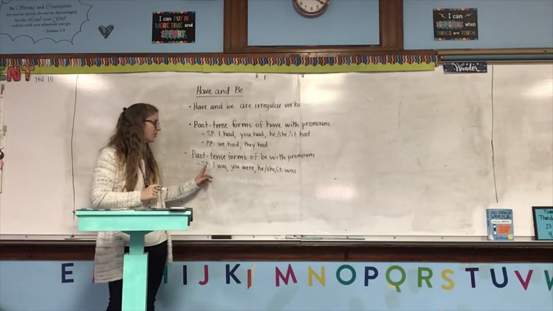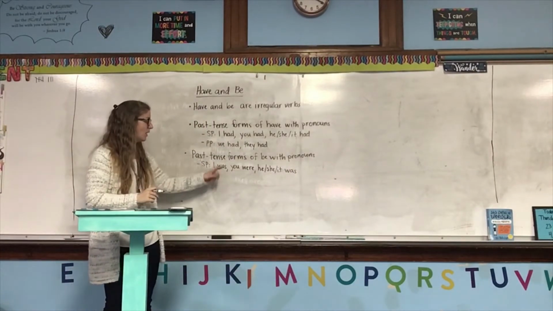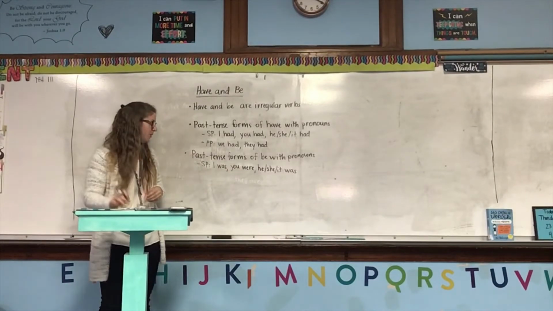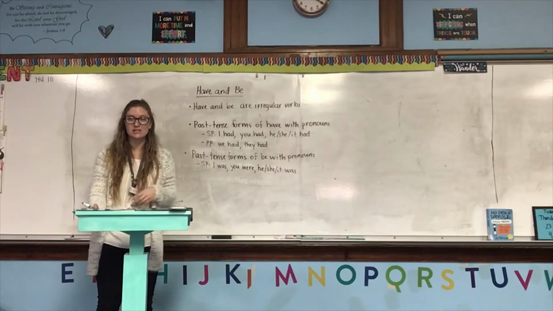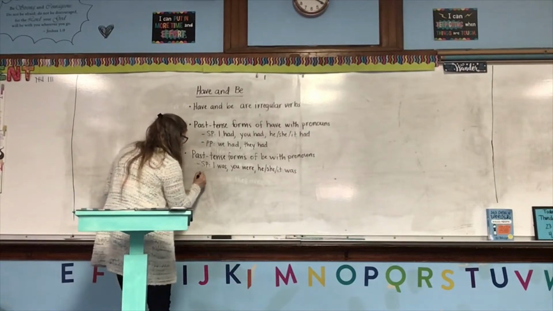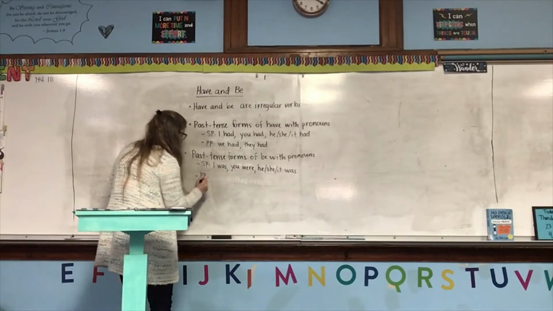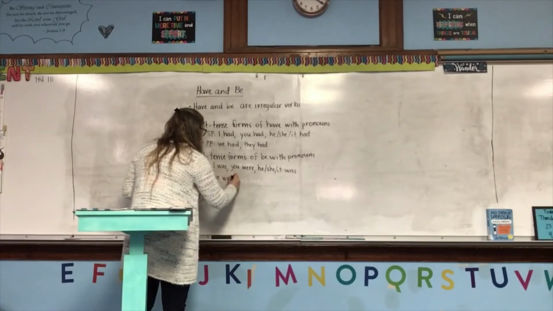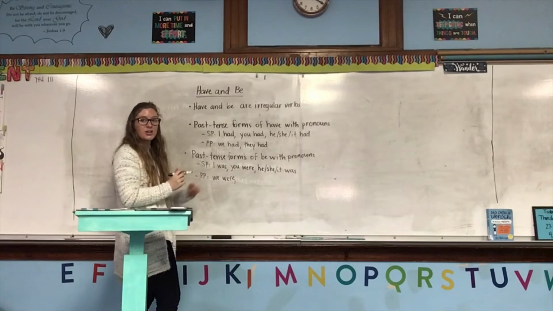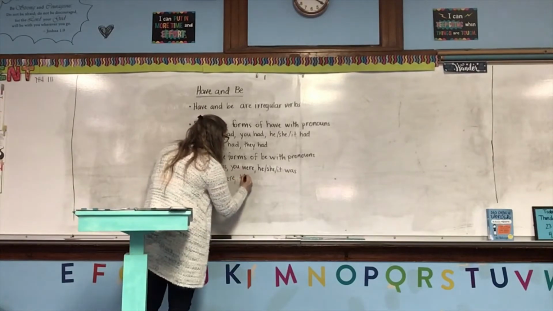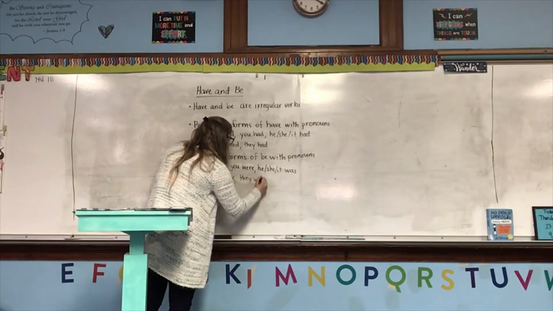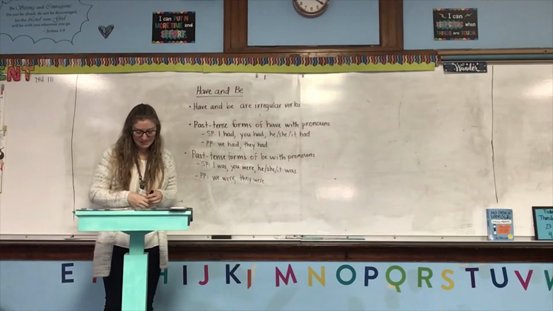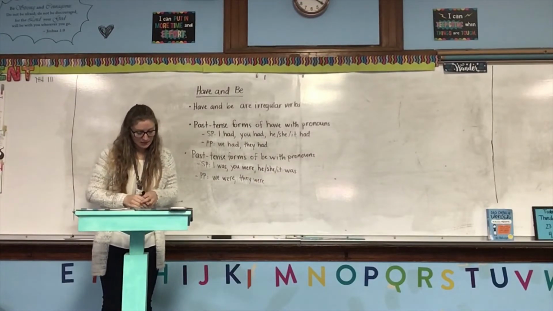So the singular pronouns are was, except for you. Whether you're talking to one person or multiple, you would never say you was. You would say you were. For plural pronouns, we were, you were, and they were. So be does change a little bit in the past tense.